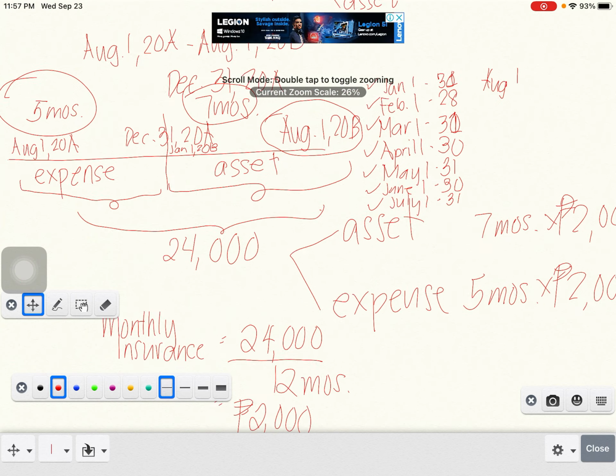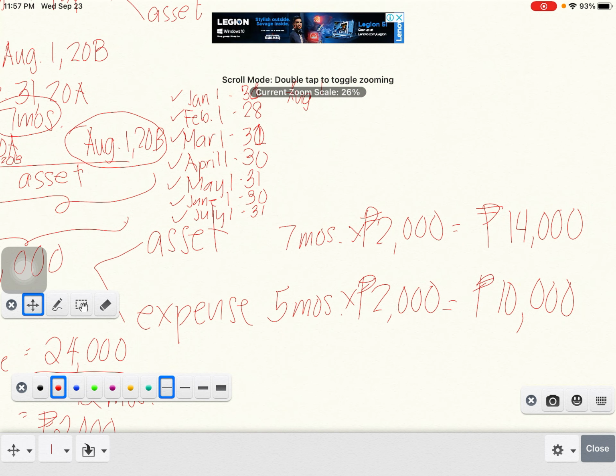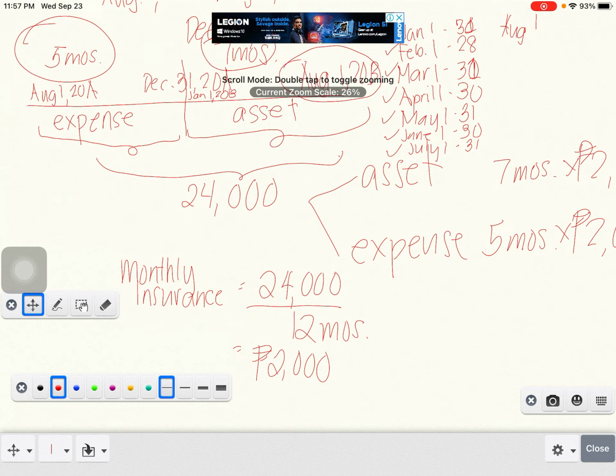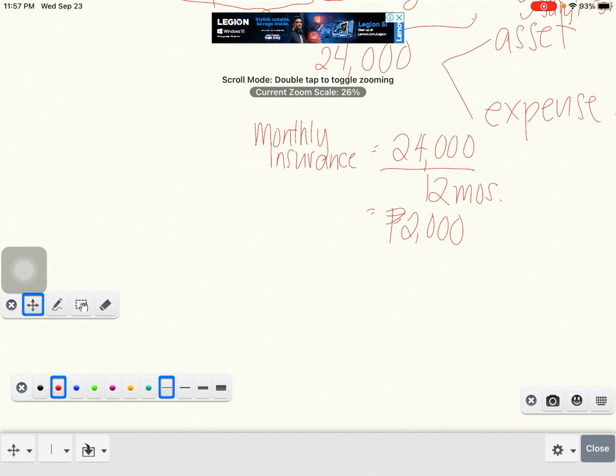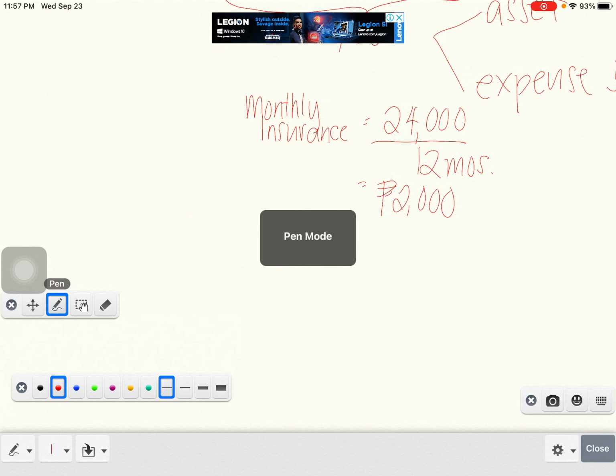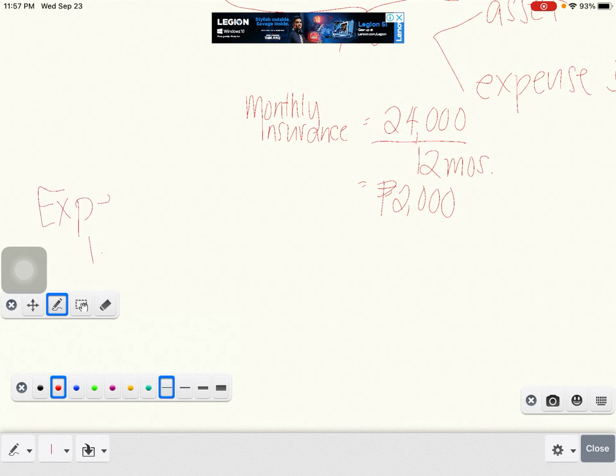So how would you answer the question? Basically, this solution would already suffice for your 2 situations, expense and asset method. The important thing is you have a solution and you'll be able to answer the requirements. So first requirement, what is the journal entry to record the prepayment? Take note, we are using expense method.